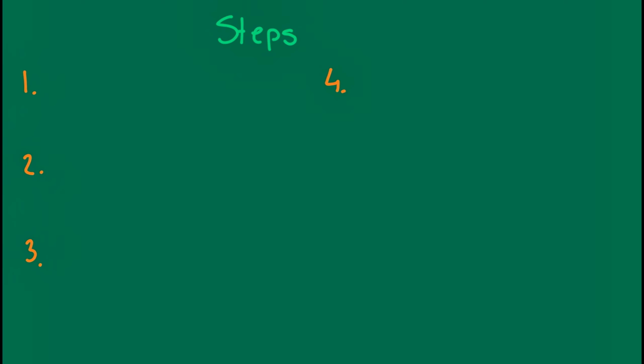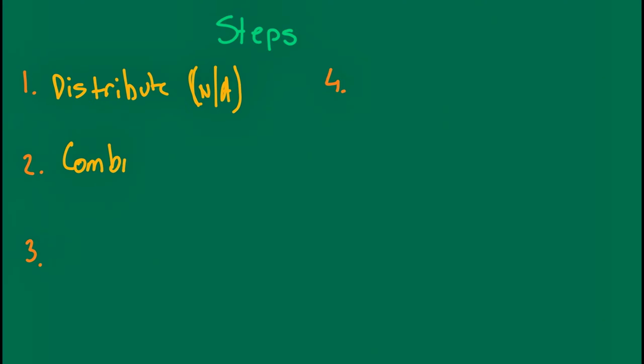So there are actually some steps in doing it. The first is to distribute. This is a maybe, if you have it or not. Distribute, if applicable. But if you need to distribute, then you have to do that. Second step is to combine like terms. This is also an if. They might usually just have it combined for you.